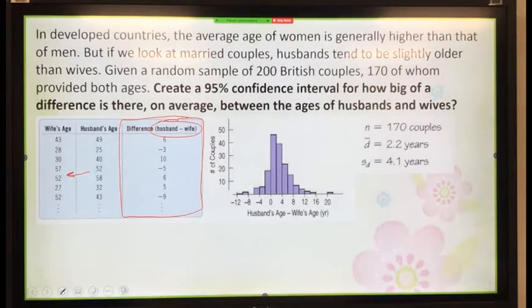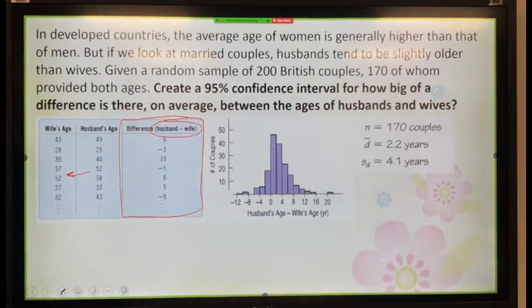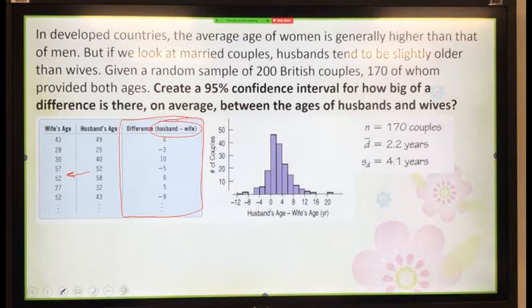Now let's look at our certain conditions. Does this meet independence? I think the woman's age is independent from the husband's age. I think that'll work.